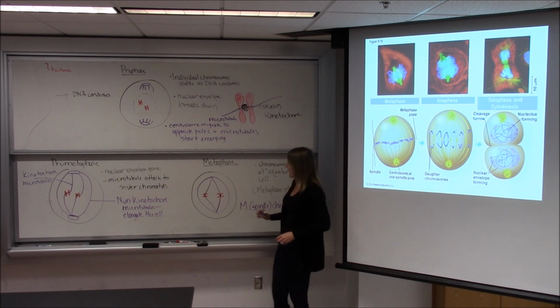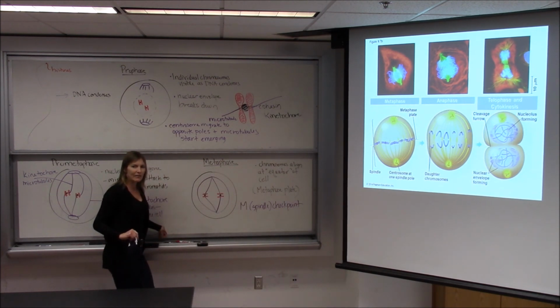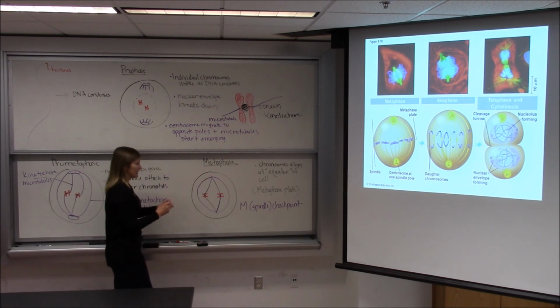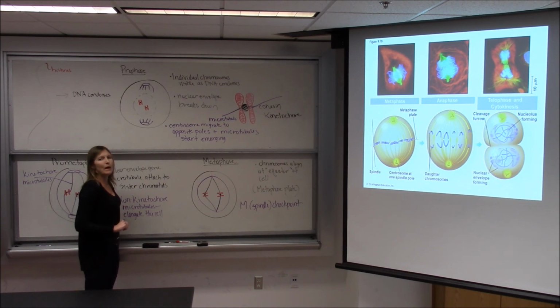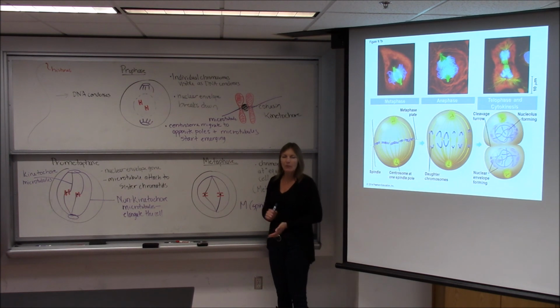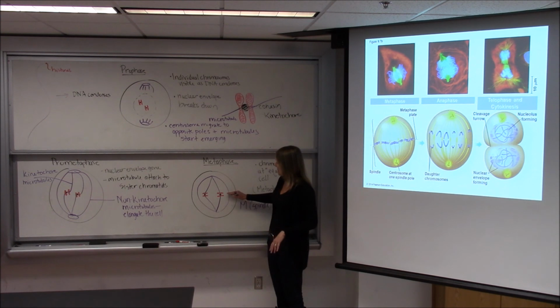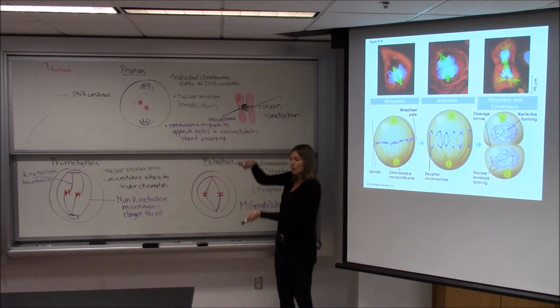If everything checks out and everything is correctly connected, we're going to have a cascade of events that lead to those sister chromatids separating. I want to talk for a second about that cascade of events because it's a very, very important example of an enzyme inhibitor. Remember, we don't want enzymes just being active all the time. Sometimes we want to control them, and we do that by inhibiting their action. There's a very important enzyme that's going to come in and digest those cohesin proteins. And the second those cohesin proteins are digested, we can pull these to opposite poles.